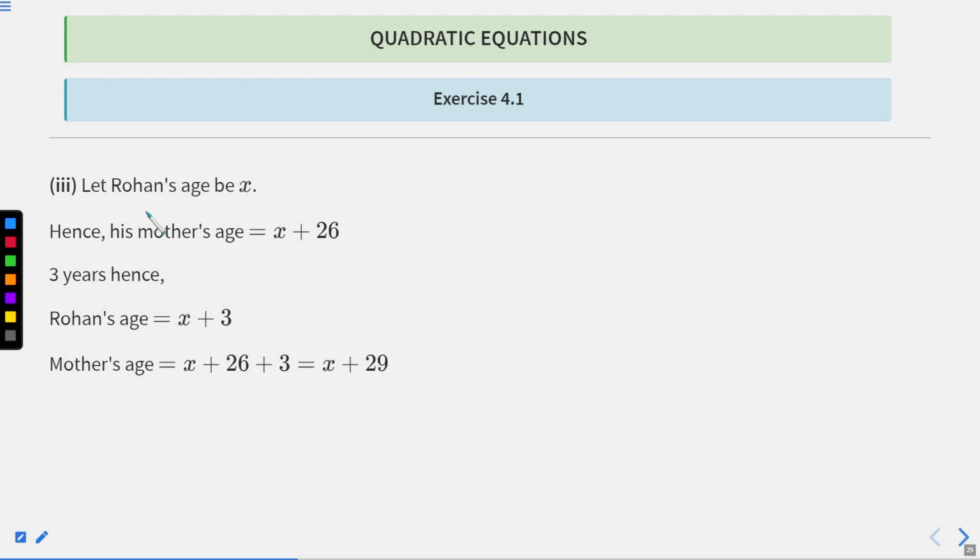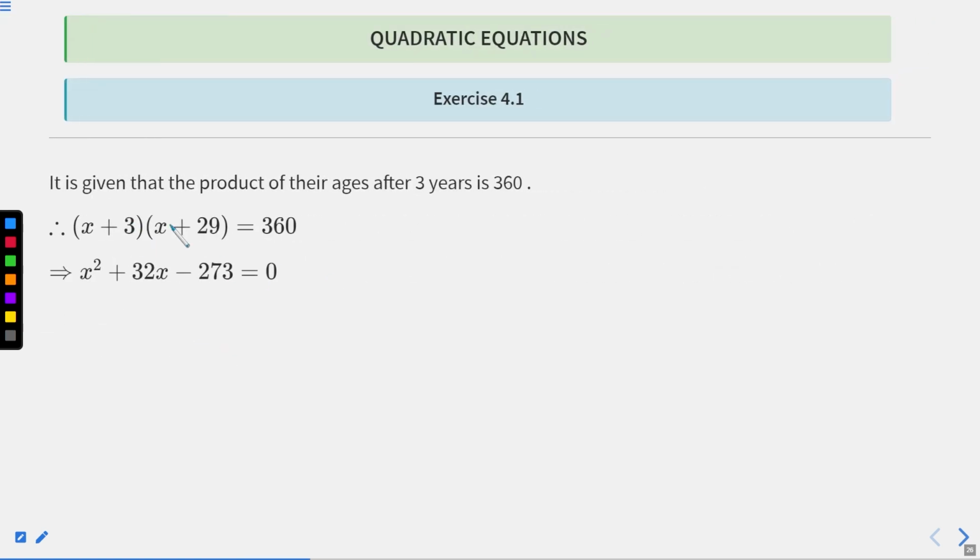Here we let Rohan's present age be x, and his mother's age is equal to x plus 26. Three years hence, Rohan's age is equal to x plus 3, and his mother's age is equal to x plus 26 plus 3, that is x plus 29. It is given that the product of their ages after 3 years is 360.